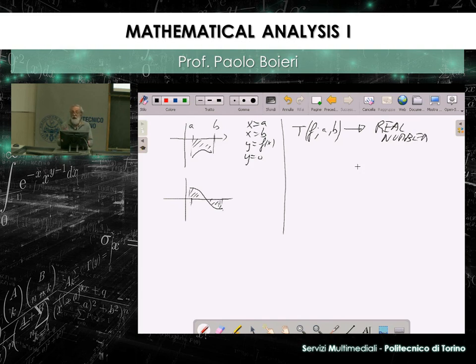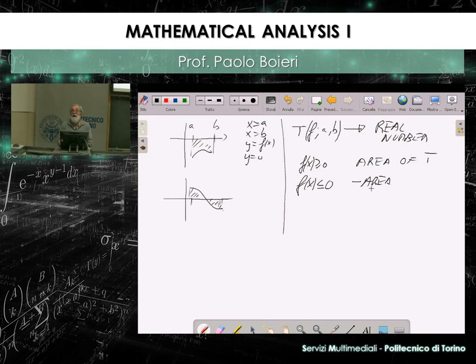The meaning of this real number will be, if my function is positive, this real number will measure the area of T. If my function is negative, it will measure minus the area, the area with negative sign.